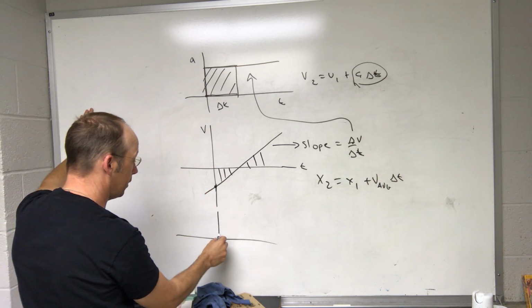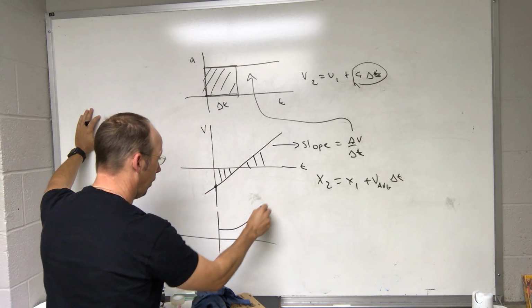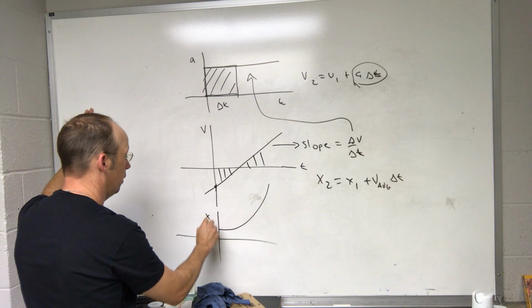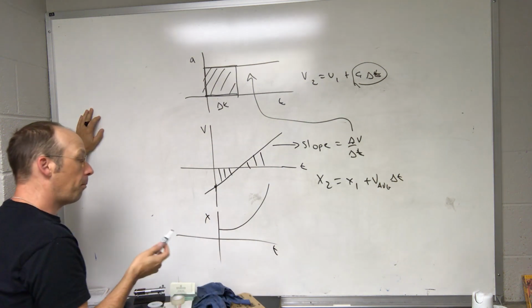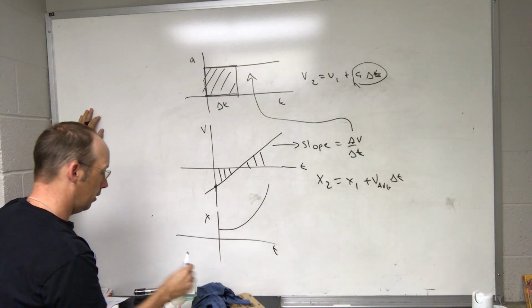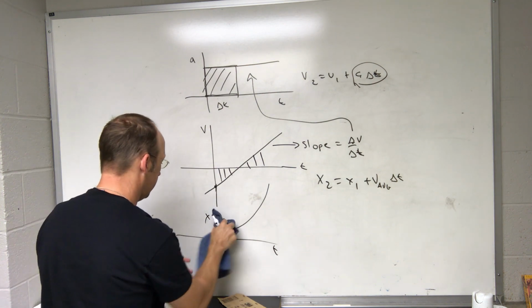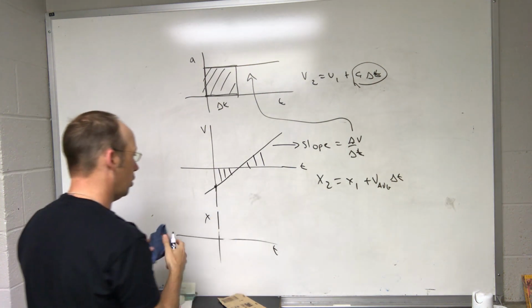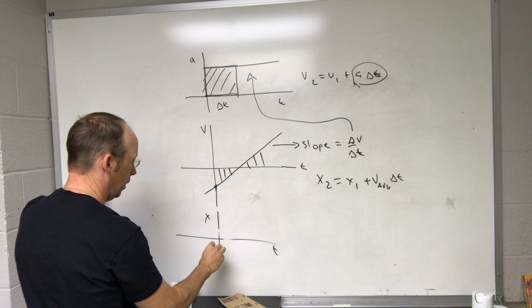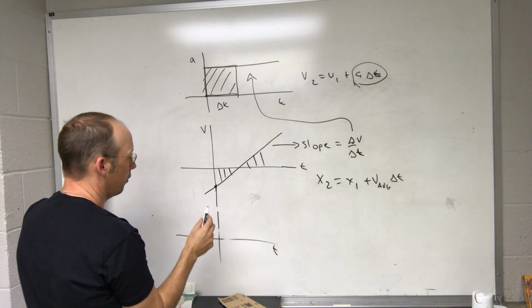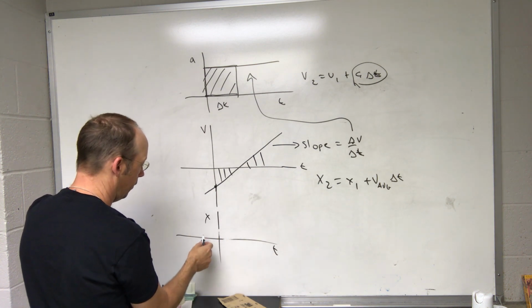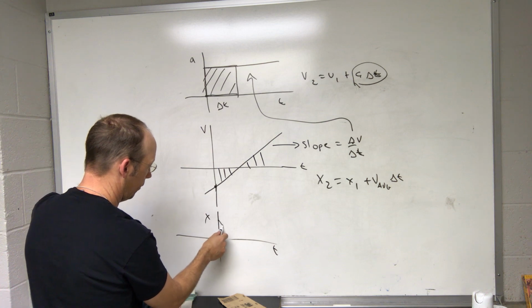So in this case, I get a parabola for the position versus time. Now, the important thing to note here, oh, this is bad, because I have a negative velocity. So it would actually look like the velocity is increasing, but starts off negative, and be like this.